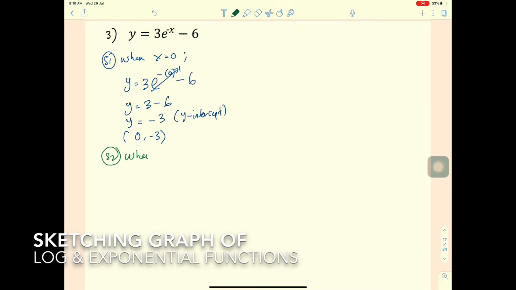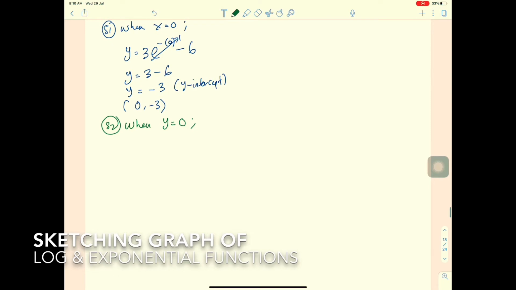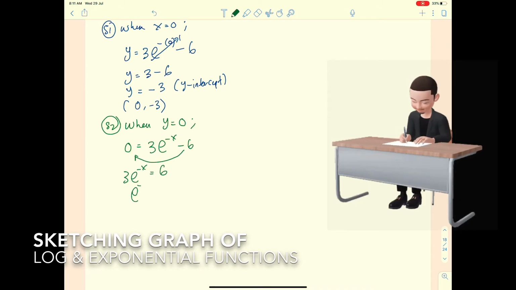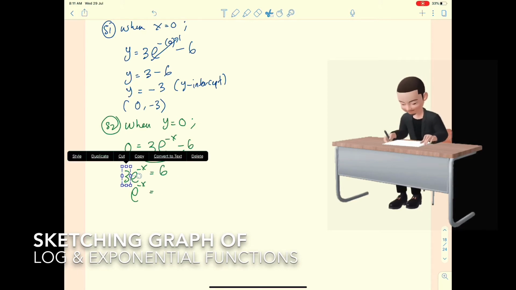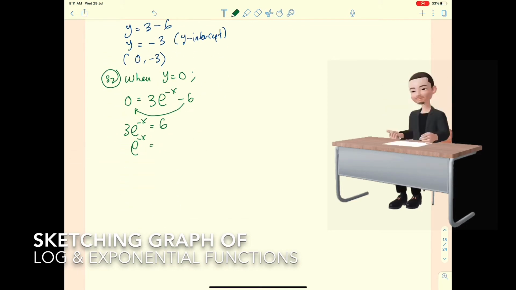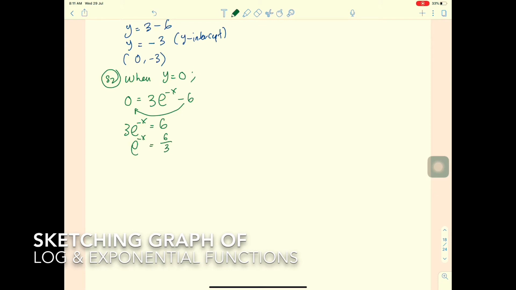when y equals 0, so 0 equals 3e^(-x) minus 6. Bring to the left, so 3e^(-x) equals 6. The 3 we bring to the right, so it becomes divided: 6 divided by 3 equals 2, so e^(-x) equals 2.